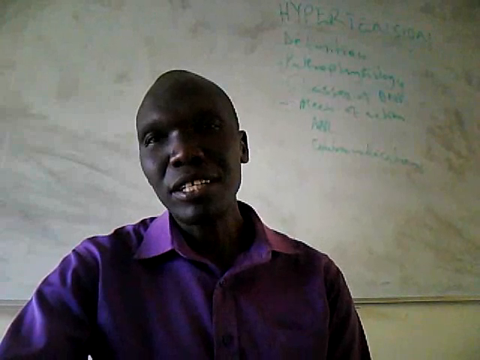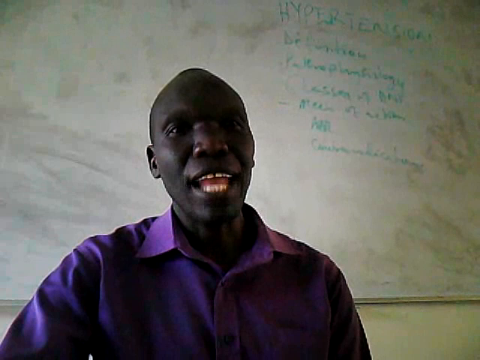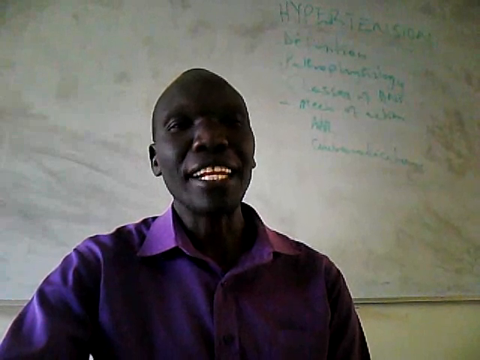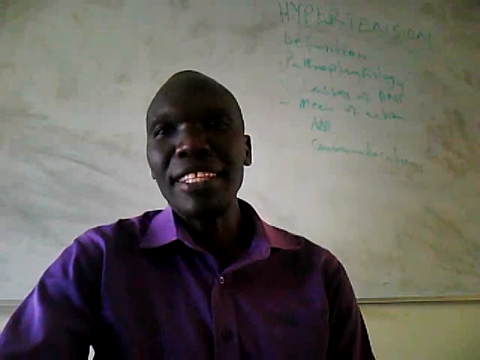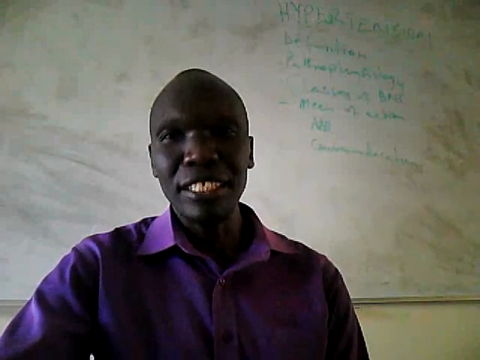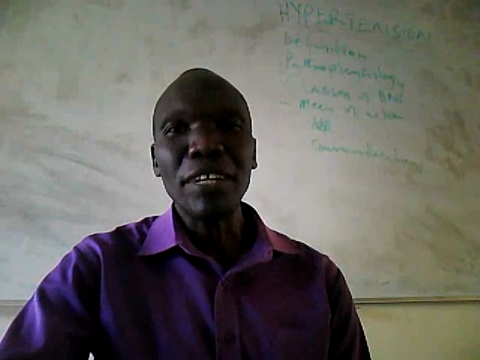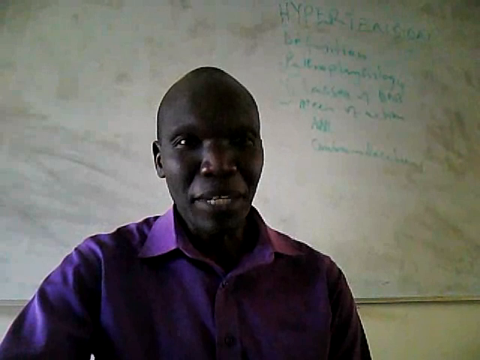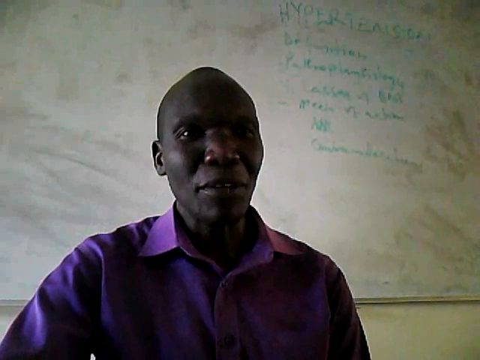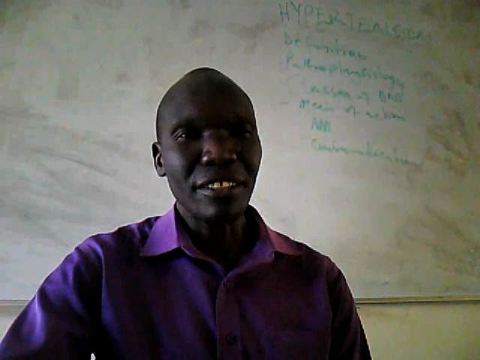Of course, the systolic can range from 100 to 139 or 129. But in most cases, when we have 100 to 129, that is normal, depending on the body weight. Even there are people who have a blood pressure of 130 systolic, which is normal.